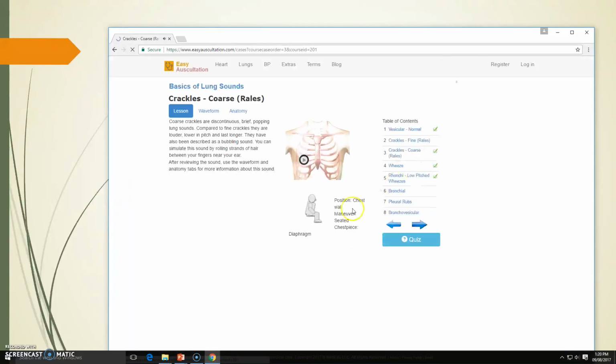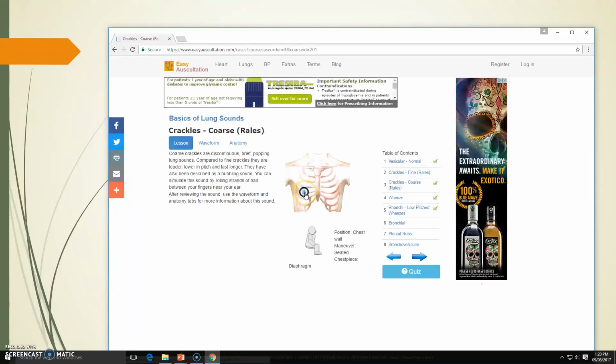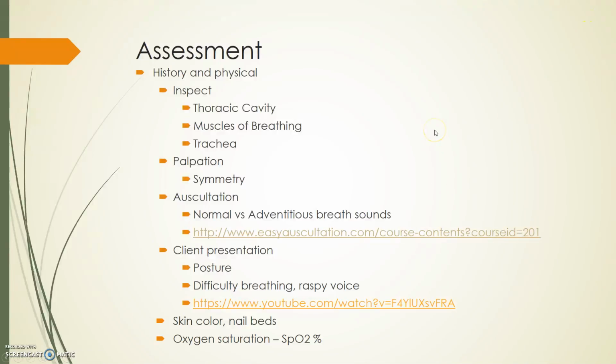And then some crackles. Okay, so that just gives you an idea of some abnormal lung sounds. Again, just being able to distinguish between normal and abnormal or adventitious.